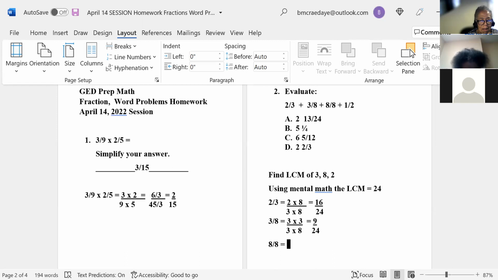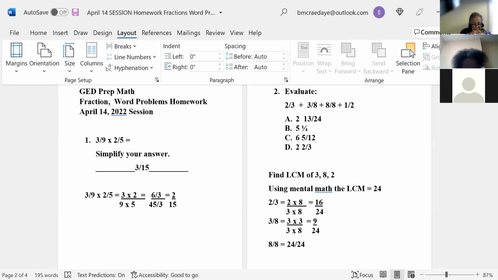What number divided by 24 is equal to the number 1? Because 8 over 8 is 1, 6 over 6 is 1, 100 over 100 is 1, 24 over 24 is equal to 1.